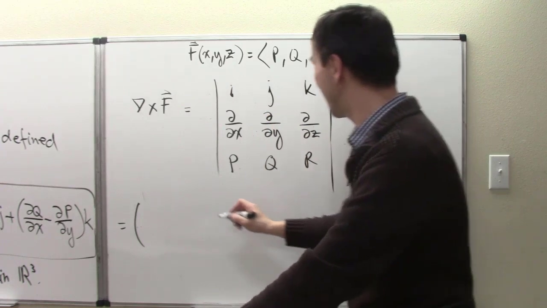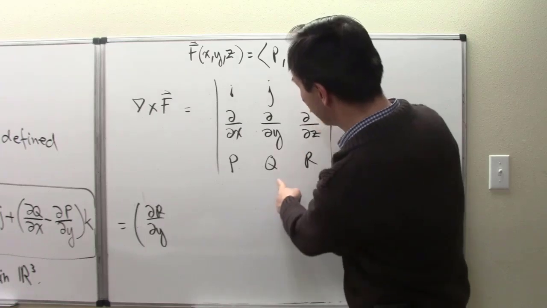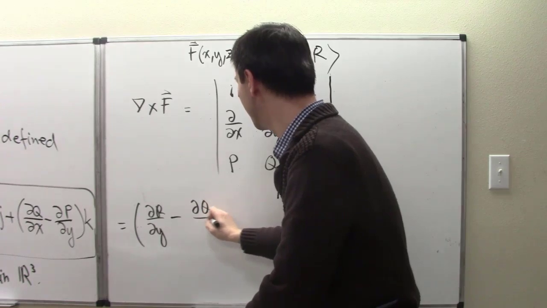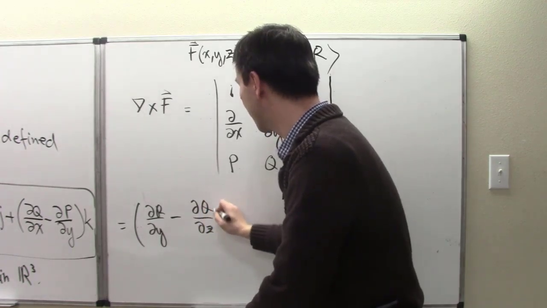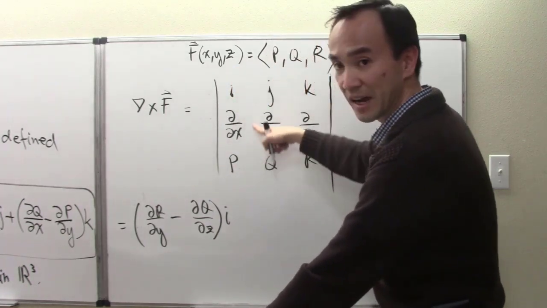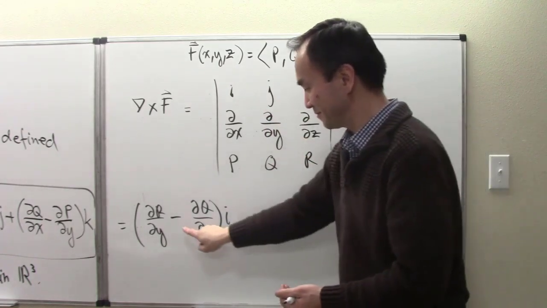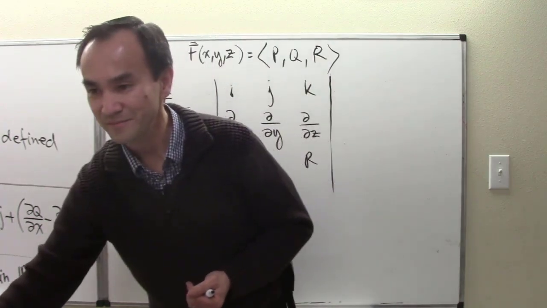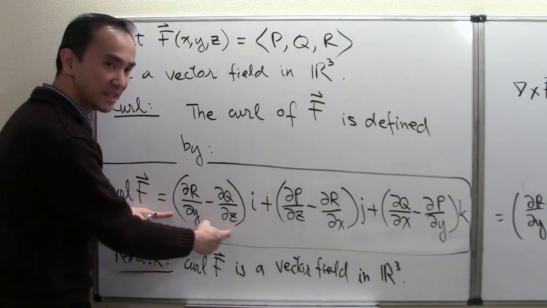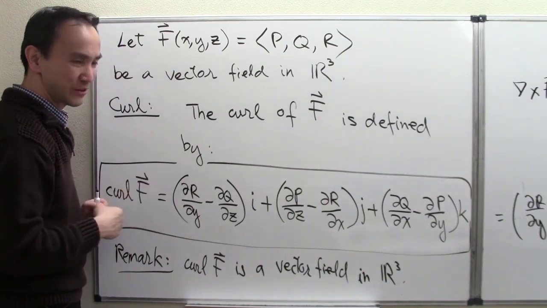So now I have dR/dy, and then minus the other cross diagonal entry, so minus dQ/dz. Okay, and that comes with the i component. So the i component comes out from expanding out this 2 by 2 subdeterminant. Okay, and so note, I'm going to swing back to the formula. Note how what I have just found looks exactly like what we've had so far. All right, and so that's starting to tell anyone viewing the lesson a way to go from here.